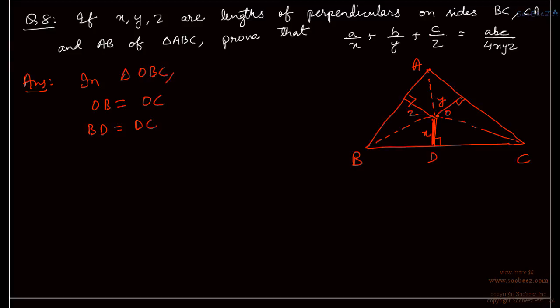Actually, these triangles again will become congruent to each other. Since the whole thing here is equal to A, these two must be equal to A by 2. So what I get here now, since this is perpendicular, I can cleverly write X in terms of A.